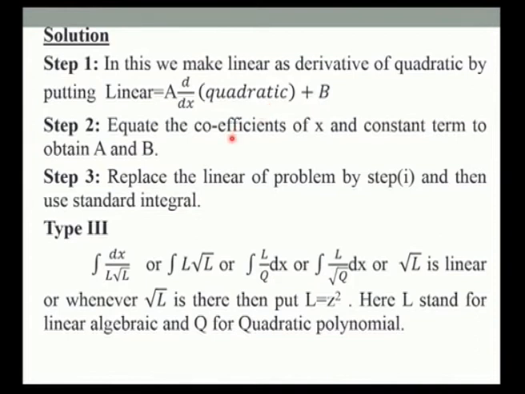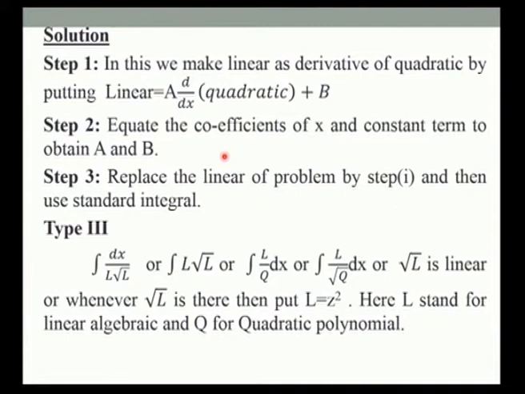Then the second step is to equate the coefficients of x and the constant term to obtain the values of a and b in the previous step. Then replace the linear part of the problem by step 1 and then use the standard integral. We will get the result of the integration of a rational function of the kind linear over quadratic.